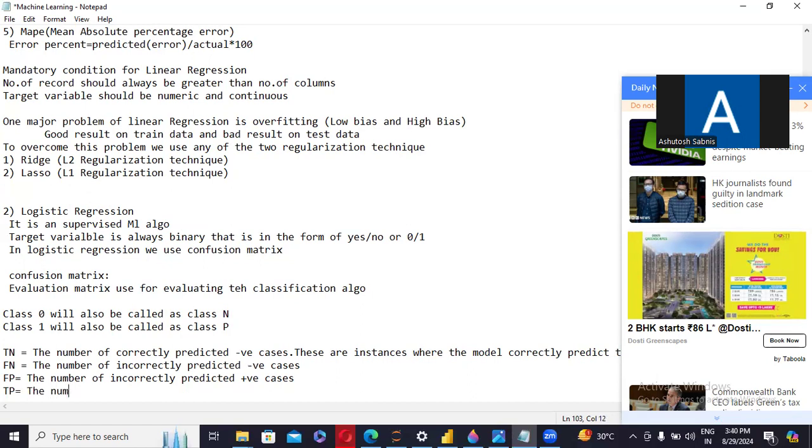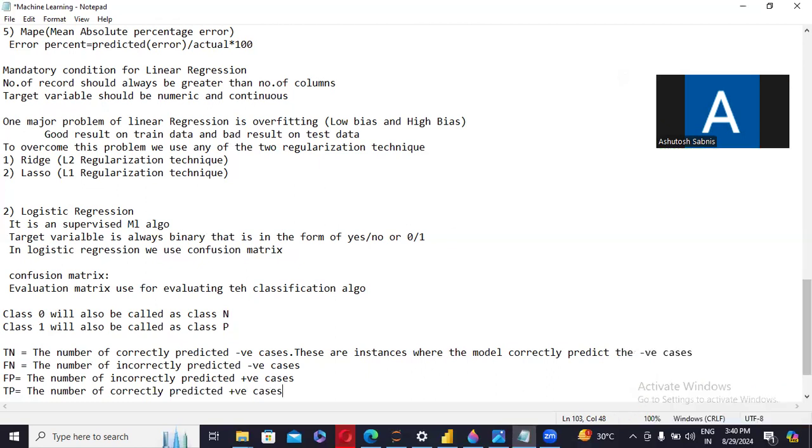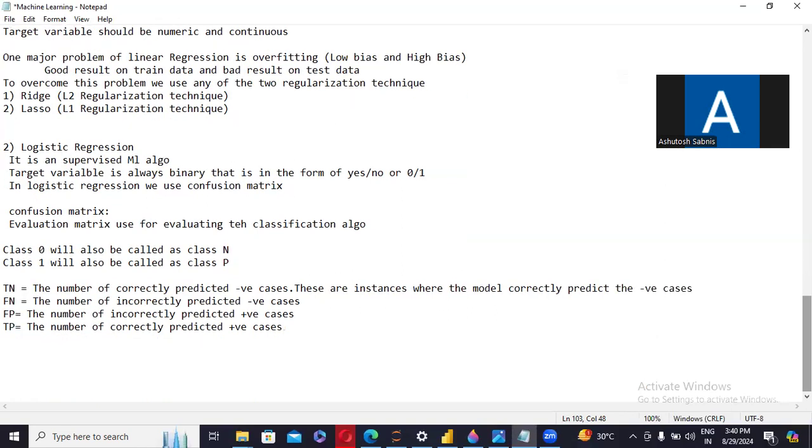Okay, so these are some terms related to the confusion matrix. The evaluation parameters we are going to see in the next video. So now we will continue further in logistic regression.